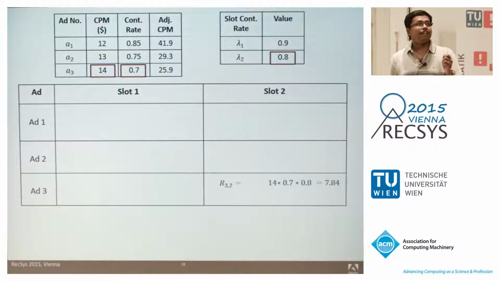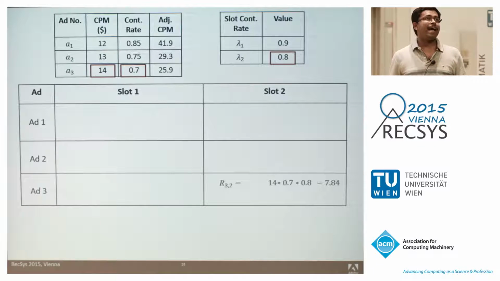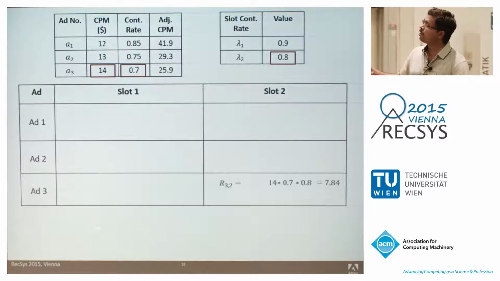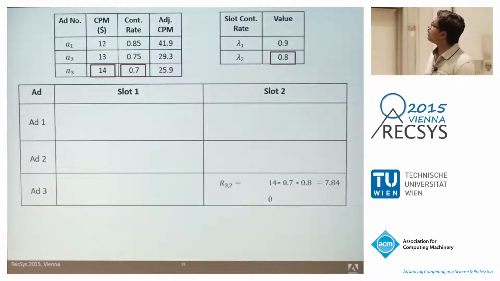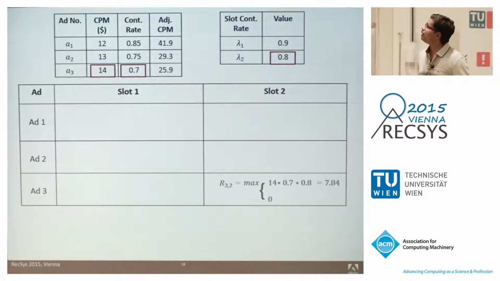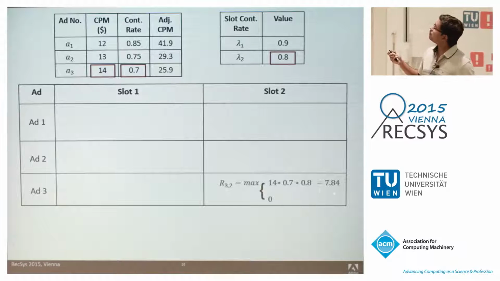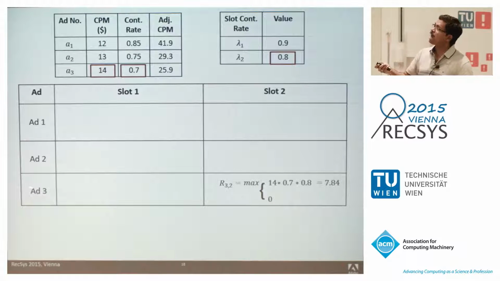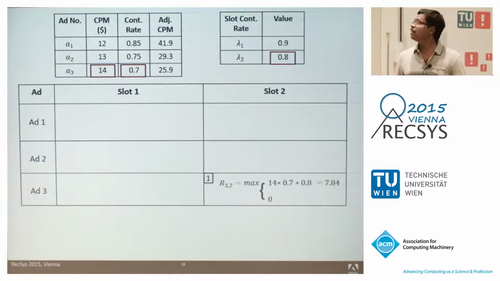Your alternative at this point is to not show any ad, because since you're doing a backward recursion, you're not looking at ad 2 and ad 1. Your alternative is 0. So you take the max of that, and of course 7.84 is greater than 0, so ad 3 becomes a viable candidate for slot 2. You assign that a value of 1.